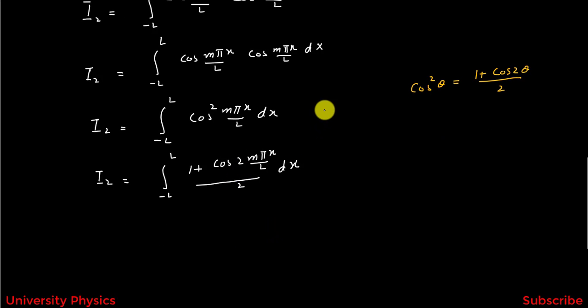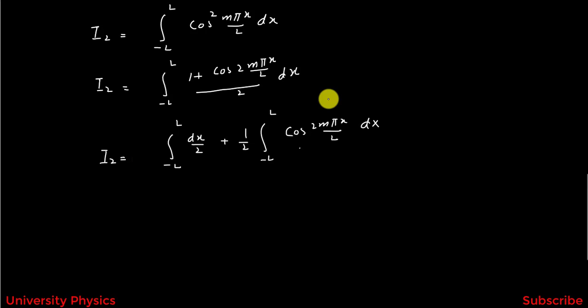I can write this as the integral of dx over 2 plus half the integral of cos(2 m pi x over L) dx. In the previous lecture, we have shown that the integration of cos(2 m pi x over L) is equal to 0. So this term is equal to 0 and we will integrate only the first term.